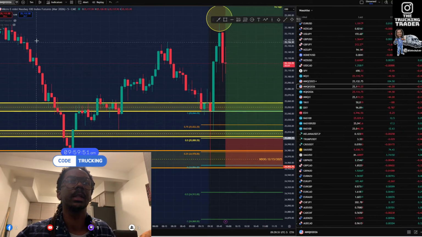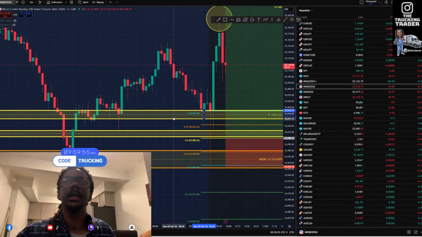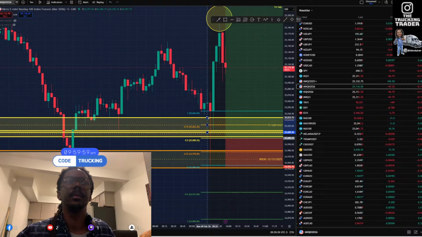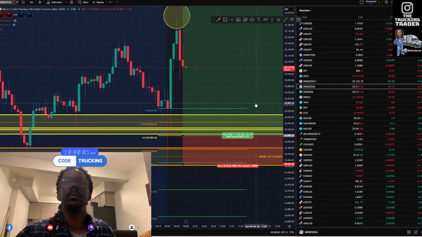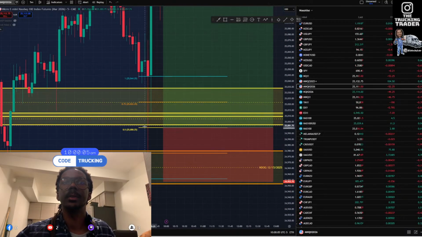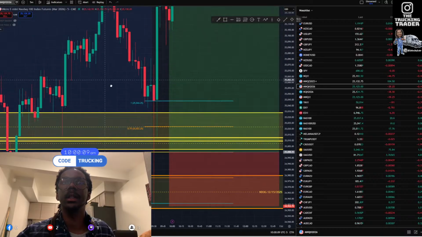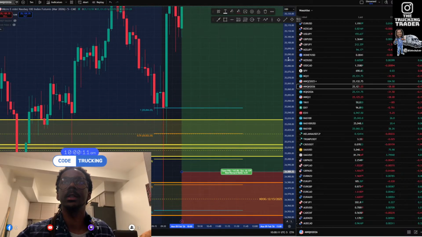It had a quick, sharp rejection away. And then we have this inversion fair value gap down there as well. And that's pretty much the midpoint of this wick as well. So this entire area is the area of interest that we're going to be looking for right now.